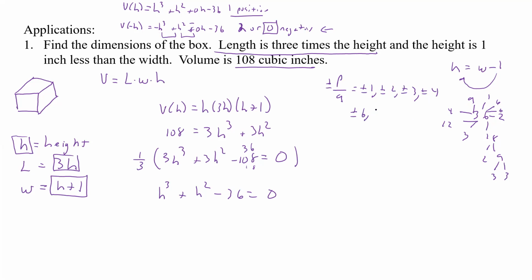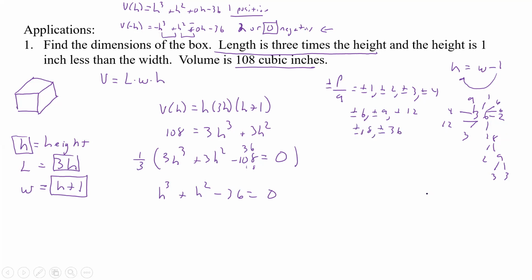There's not going to be an 8 either, because 8 doesn't go in there. So it's going to be plus or minus 9. 10, no. 11, no. Plus or minus 12. And then plus or minus 18, and plus or minus 36. Okay, so those are the ways we can break it apart.